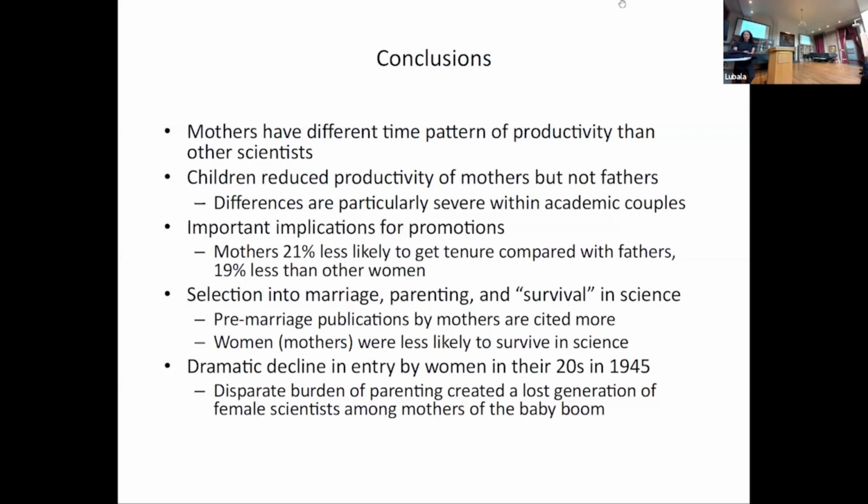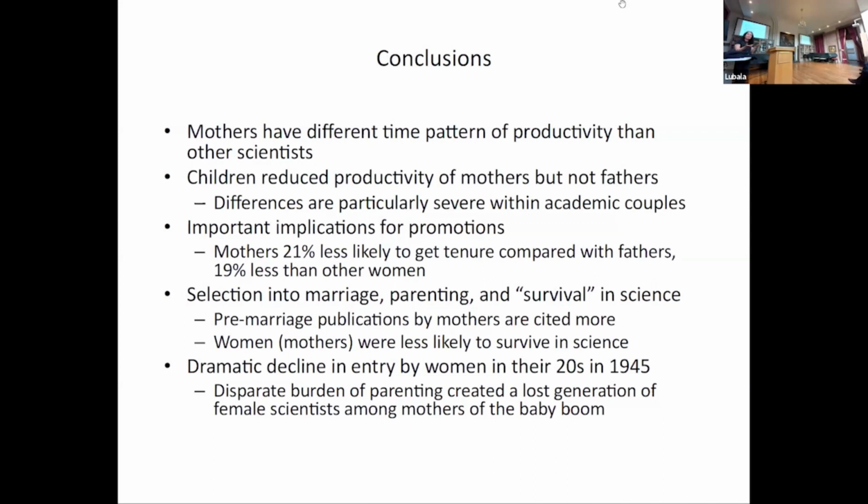Thank you. We think about it all the time and try to minimize, right? This is why we're looking within genders, and we try to put in the field fixed effects. What we really would want to see is whether the women who survive in science are systematically different, and we see they're positively selected.